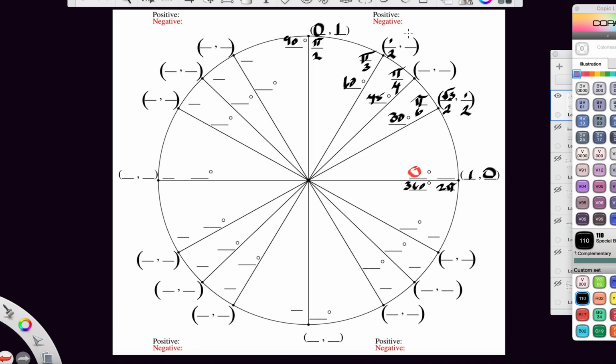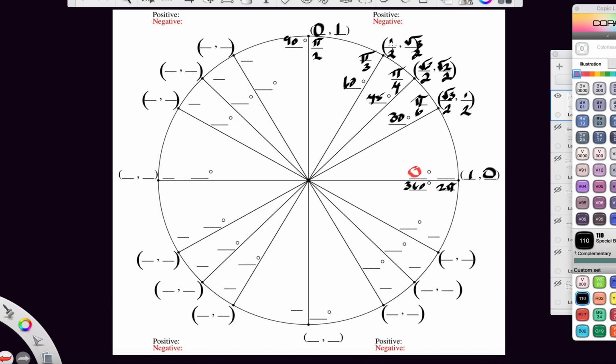So the cosine, or the x value at 60 degrees, is 1/2. And then we have root 3 over 2. And of course, every 45-degree angle, root 2 over 2 and root 2 over 2.